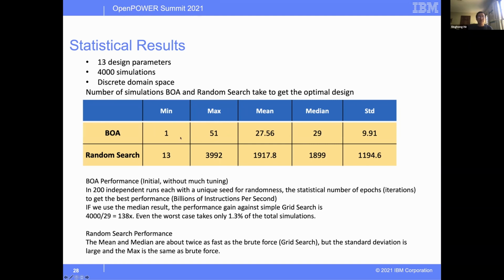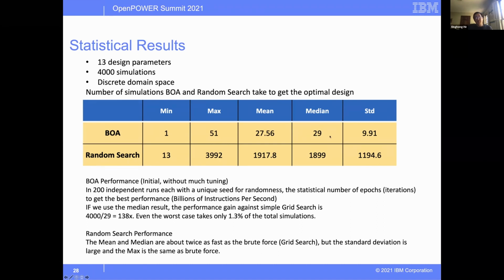So we can tell from those comparisons that BOA outperforms the random search by orders of magnitude. And it's not only better in terms of median, mean, and max.